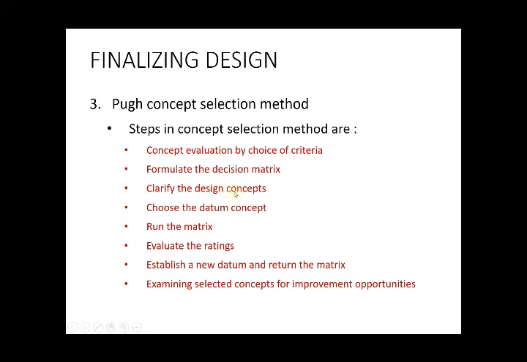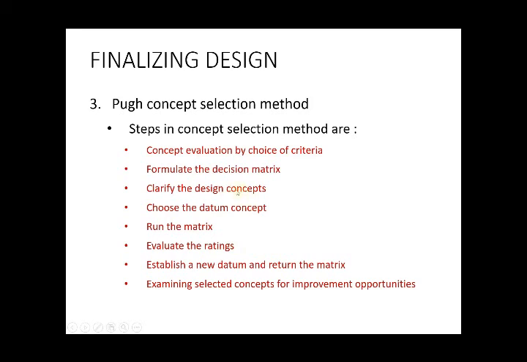So we have a multiple number of design concepts or design solutions. We select one of these design concepts as the datum concept or the standard concept. Then we try to solve the matrix or run the matrix and evaluate the solution that we obtained.